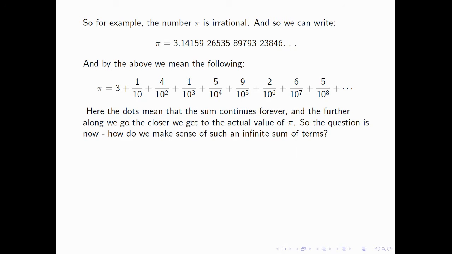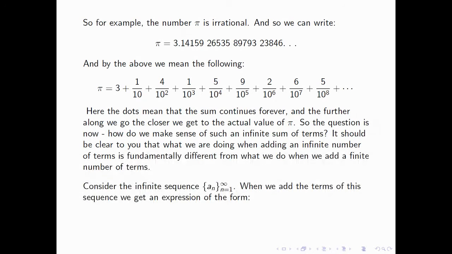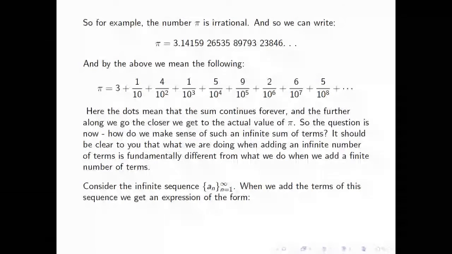But this raises a new question. Now we've got an infinite sum of terms, right? So what does it mean when we have an infinite number of terms? Something that should be immediately clear is that when we add 3 plus 5, or even 100 numbers or 1,000,000 numbers, that's still a finite list of numbers.